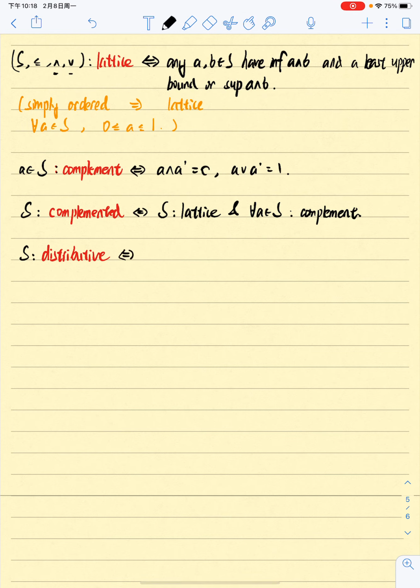If this satisfies the distributive law, that is, for A, B, C, A and (B or C) is equal to (A and B) or (A and C).